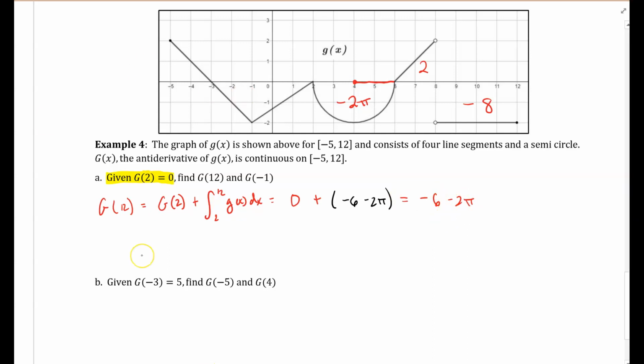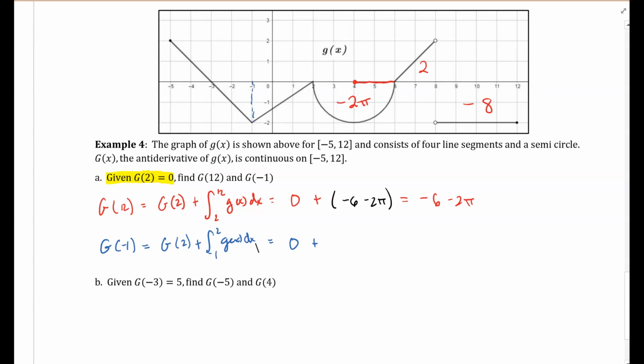All right. And now G of negative 1 is equal to capital G of 2 plus the area underneath g of x dx from negative 1 to 2. So we have 0 plus the area from negative 1, which is right here, all the way to 2.